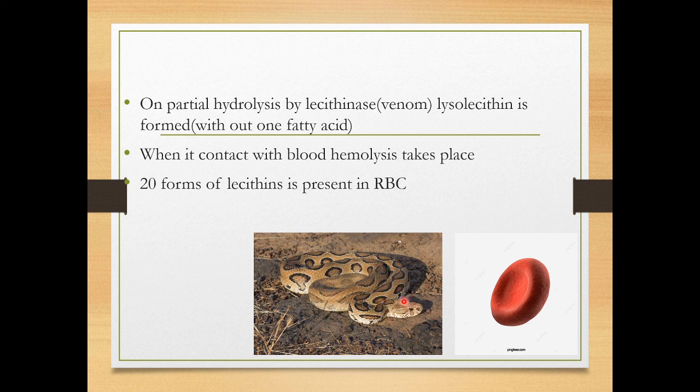Its poison is hemotoxic, and this venom contains an enzyme called lecithinase. This lecithinase acts on lecithin to form lysolecithin. So that results in what? Blood hemolysis. So this is a biological function of lecithin.